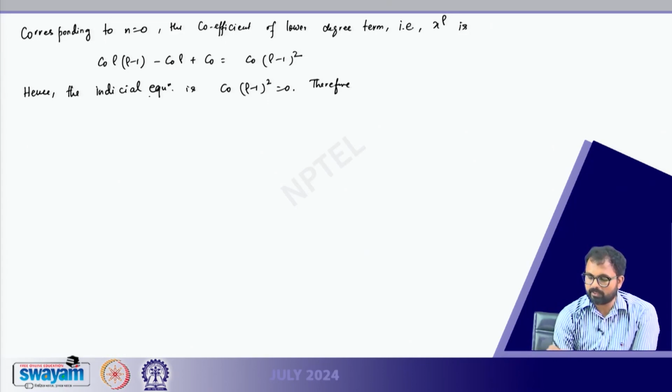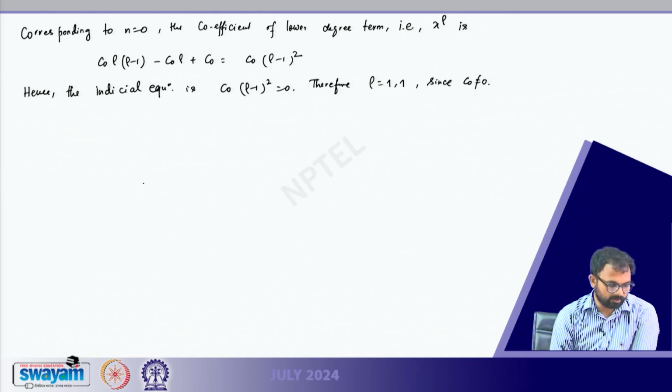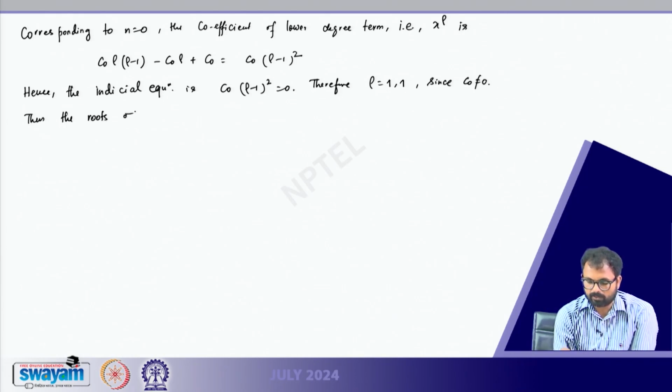What does this indicial equation mean? So therefore we will have rho equals to 1 and rho equals to 1, since C0 is non-zero. Thus the roots of the indicial equation are equal.